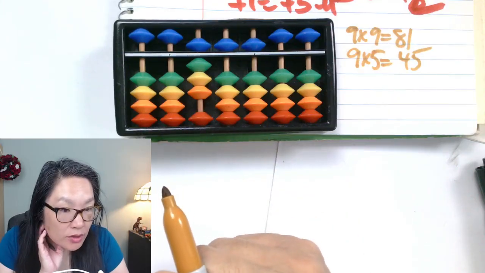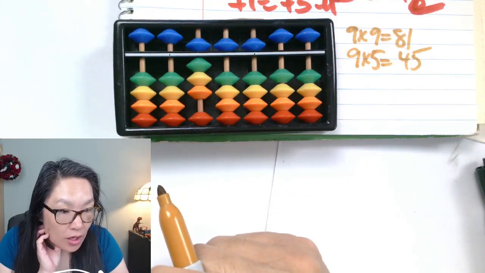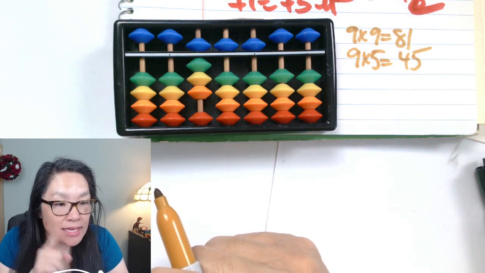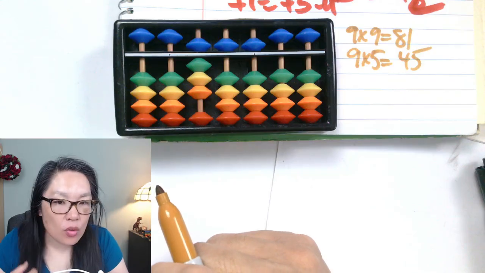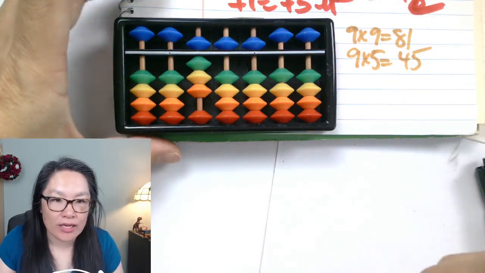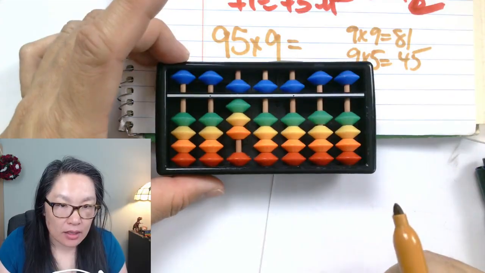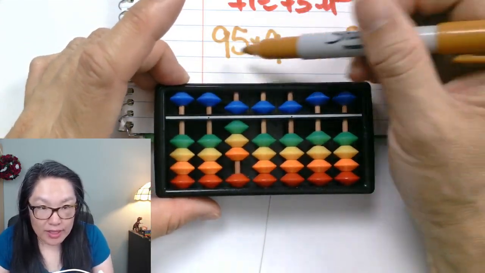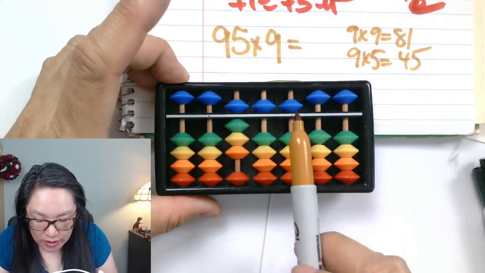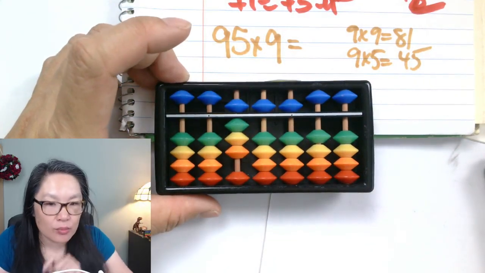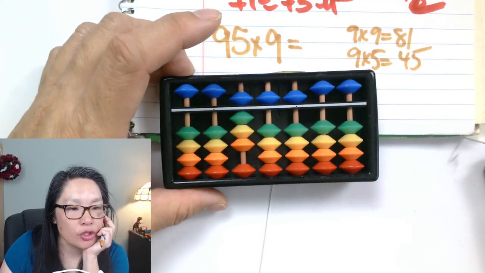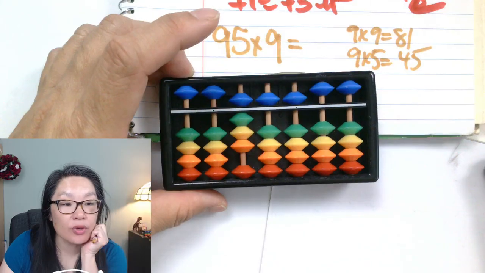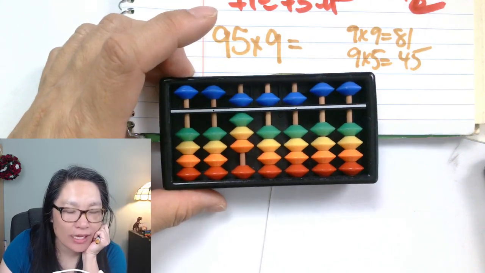So basically you need to know the answer of the question, use the abacus. You need to know roughly how big your answer is going to be. No matter how big the number is, you need to know how big the answer will be.